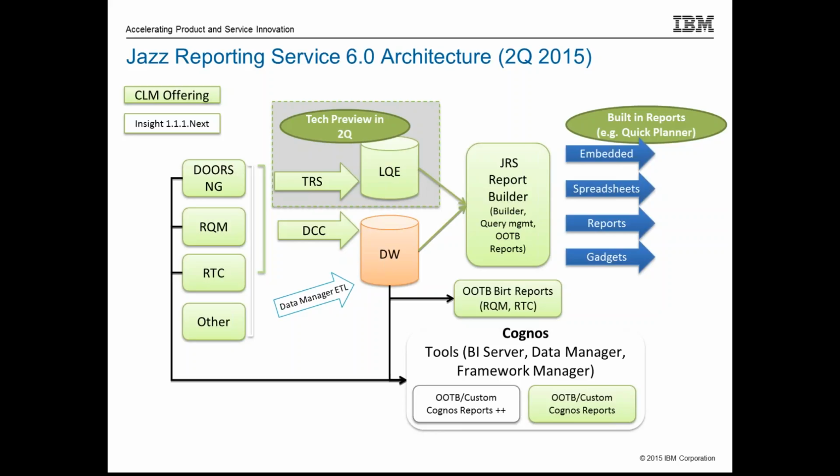So if you have existing reports that you built in Insight or RRDI, and they're based in SQL, you can carry on using those reports against the data in the data warehouse, but the data collected into the data warehouse could be done through the data collection component.